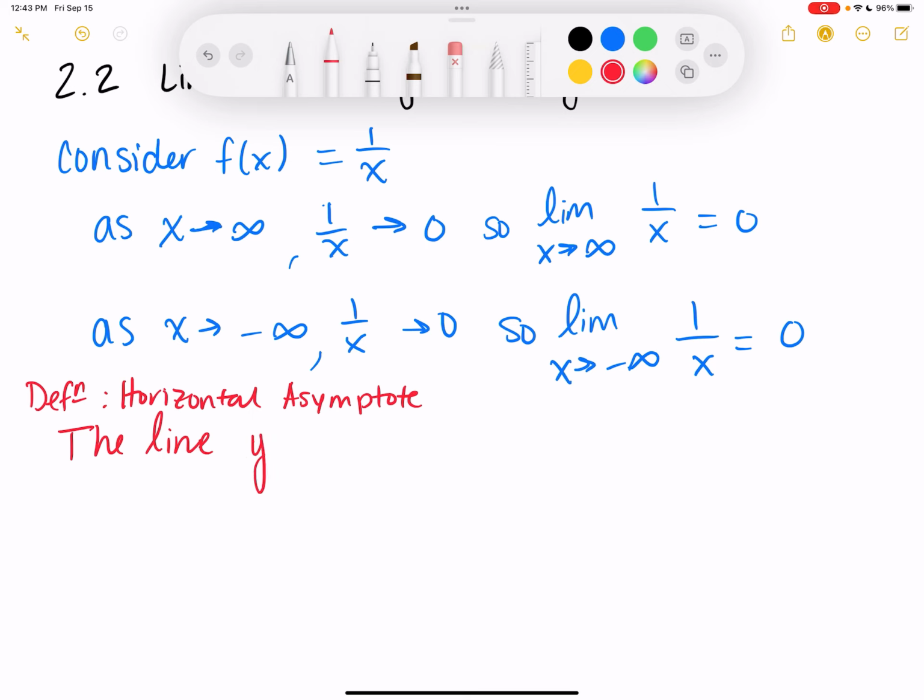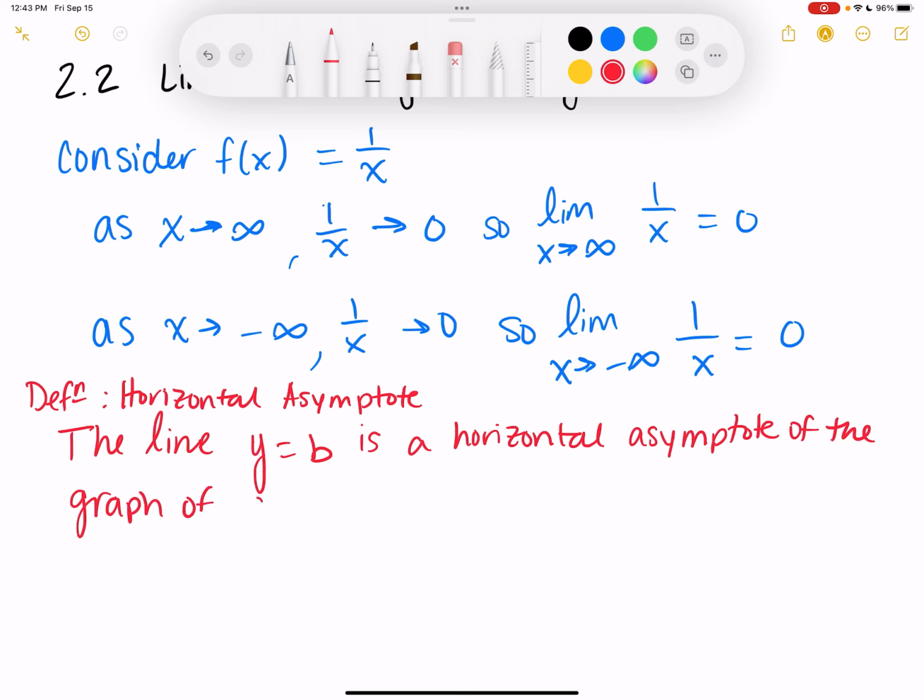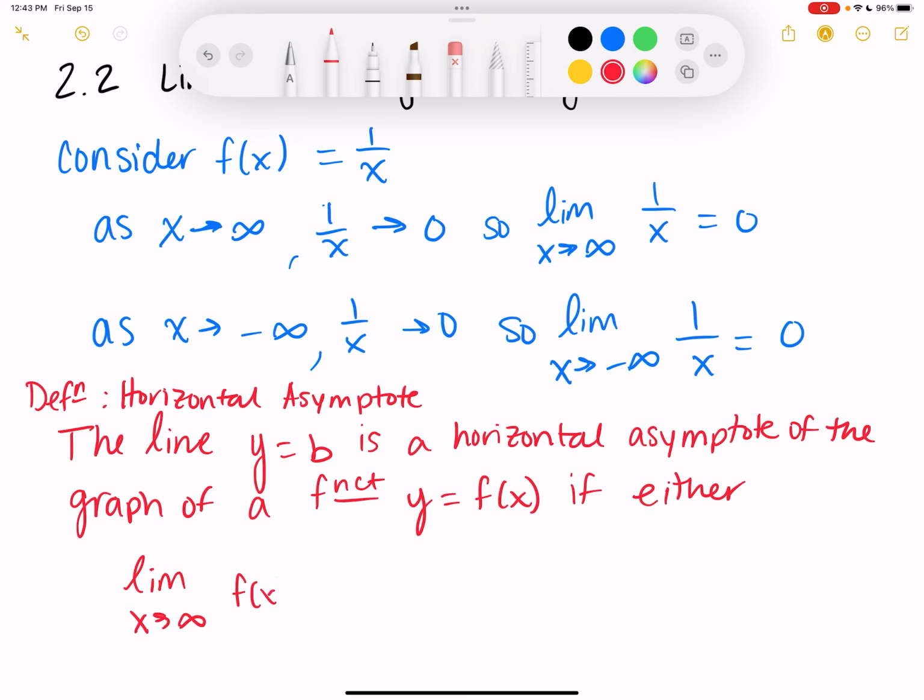The line y equals b is a horizontal asymptote of the graph of a function y equals f of x if either the limit as x approaches infinity of f of x is equal to b, or the limit as x approaches negative infinity of f of x is equal to b.